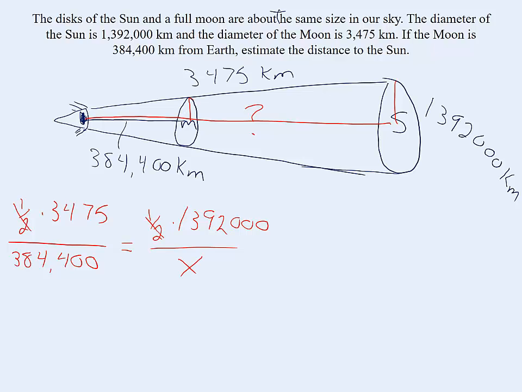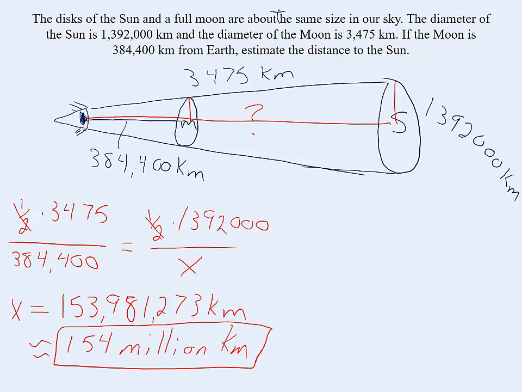We cross multiply and solve, and we end up with the distance to the sun being 153,981,273 kilometers, or approximately 154 million kilometers.